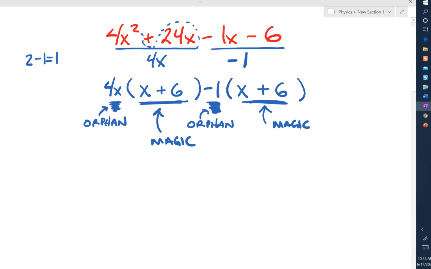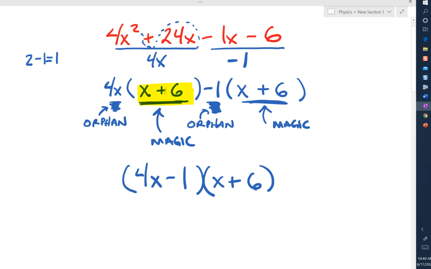And here's where the grouping part comes together. I'm going to take those two magic terms, and in my final answer, I'm just going to write them once as x plus 6. And then I take my two orphans, and I make a new family out of them. So it's 4x minus 1. Let me highlight what I did so you can see.